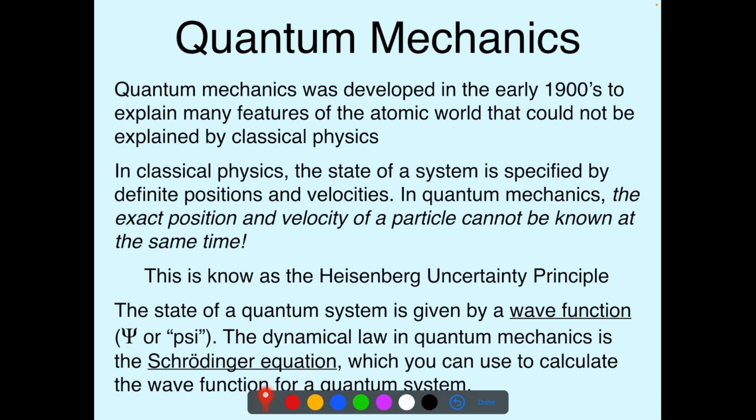And basically, if you solve the Schrödinger equation, you can calculate the wave function for your quantum system. So there's a whole lot more to go into as far as how that works and what the wave function actually means, but this is just a preview as to where things are going, okay? And again, quantum mechanics is going to be very different from classical mechanics in a lot of ways.